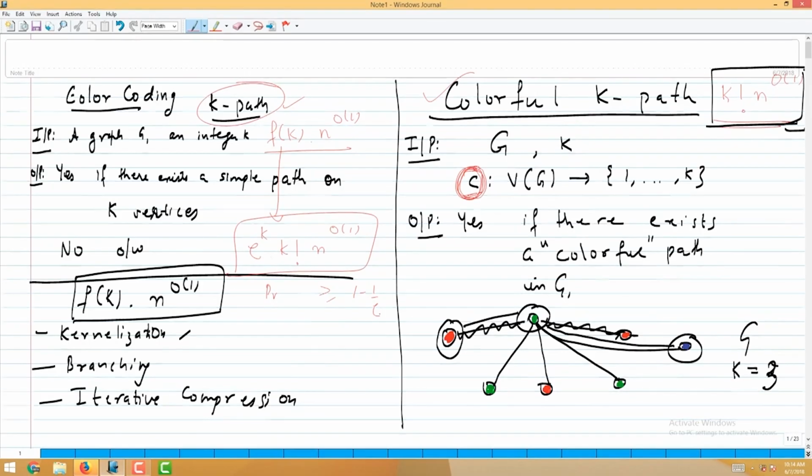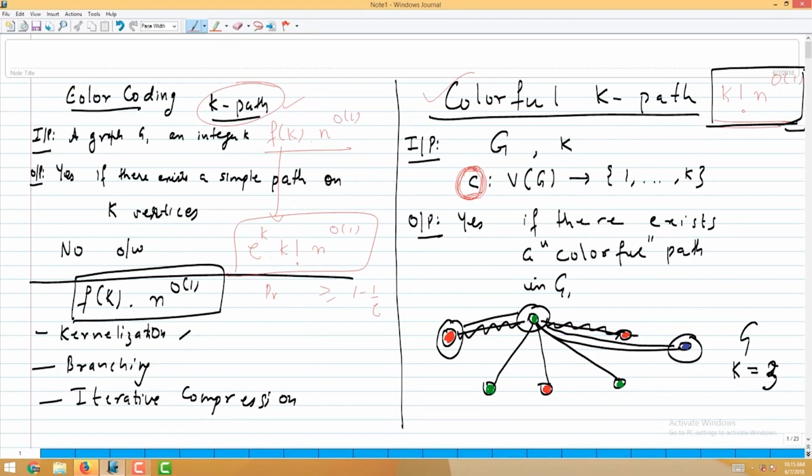Then you can reduce the problem of finding this k size structure to the problem of finding a colorful k structure. Here, instead of finding a k path, we tried to find a colorful k path, and it turns out that finding a colorful k path was easier, once we made some appropriate guesses.